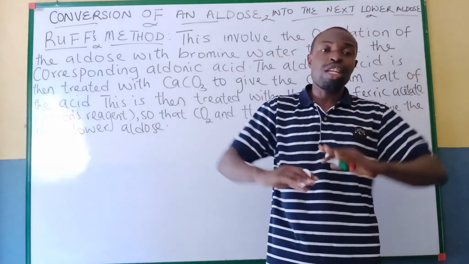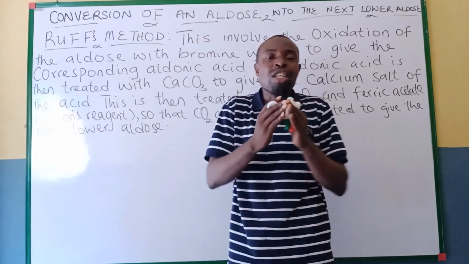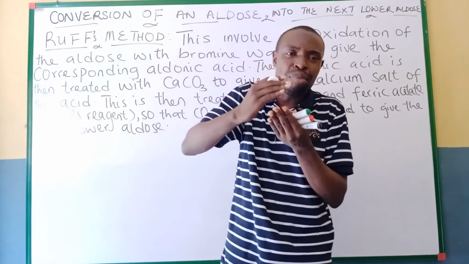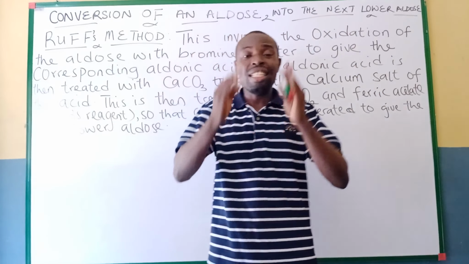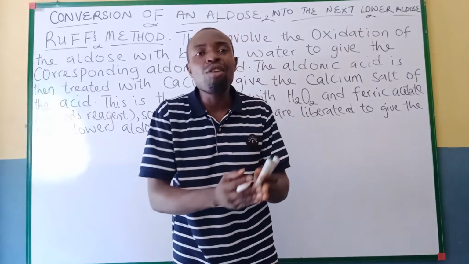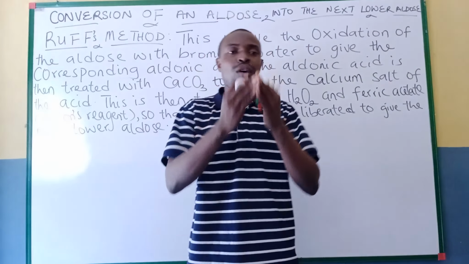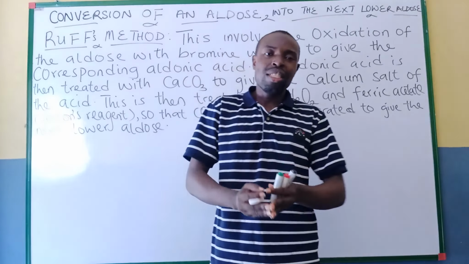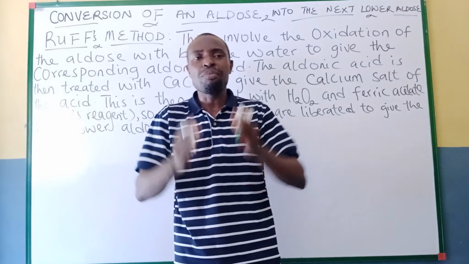In Ruff's degradation, in summary, it involves the removal of one carbon from a sugar to give us a lesser sugar. Talking about the conversion of, let's say, an aldopentose to an aldotetrose, or the conversion of an aldohexose to an aldopentose.